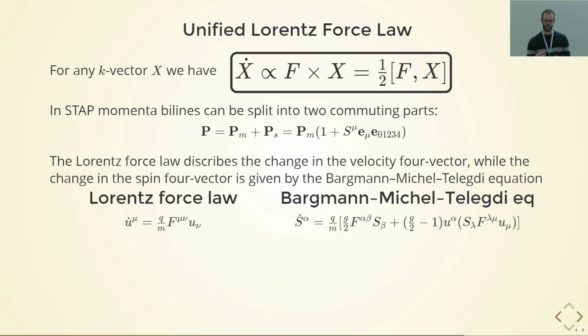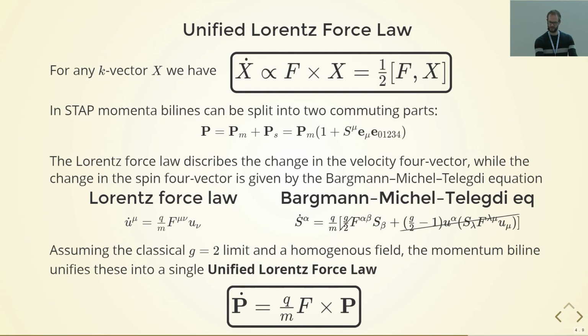And we know that ordinarily for particles, the four-velocity is updated under an electromagnetic field by something called the Lorentz force law. And the spin is updated by something called the BMT equations. And normally those are two separate problems, and they're treated separately. But maybe our momentum bivector has both of those unified, and indeed it does.